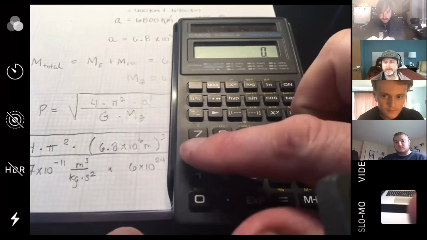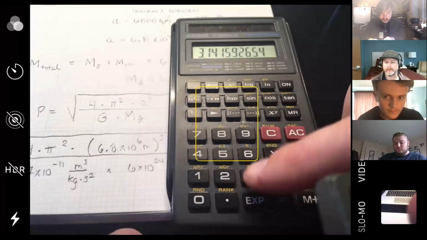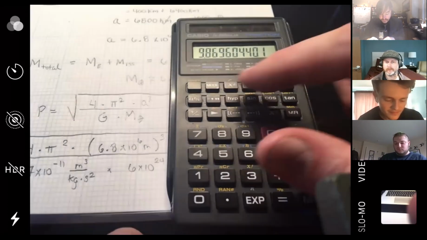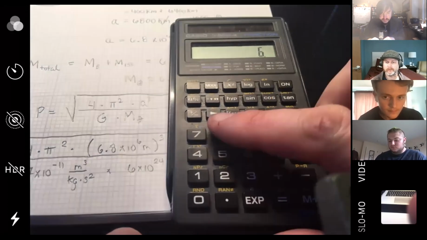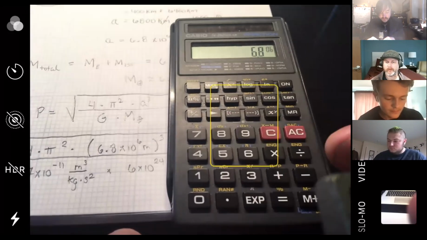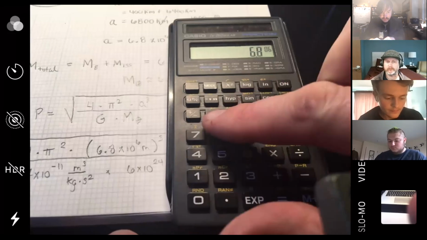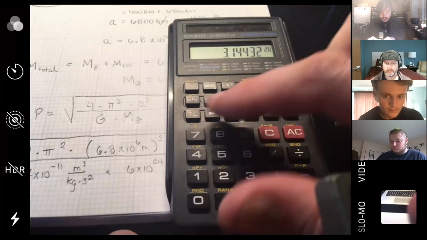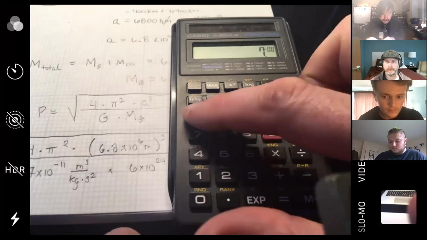Okay. 4 times pi squared times 6.8 exp 6. We got to cube that, so we're going to go shift, and then here's cubed. Divide by G, 7 exp negative 11.